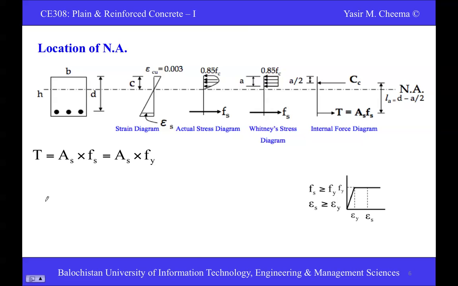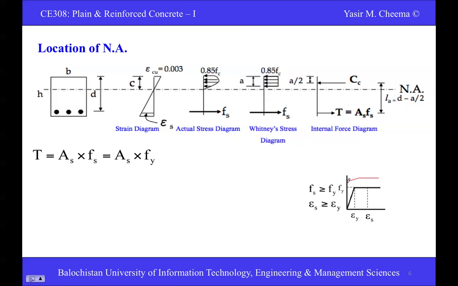So here we just replace Fs is equal to Fy. Just because if you see this strain diagram here, in this case, both yield stress and Fs both are at the same location. See here, this part.